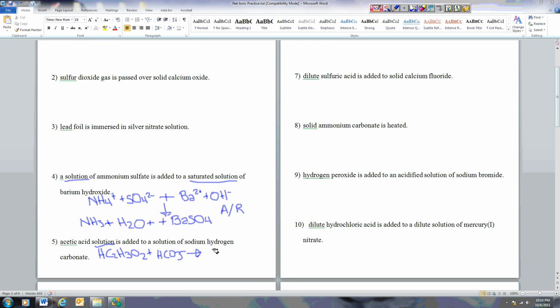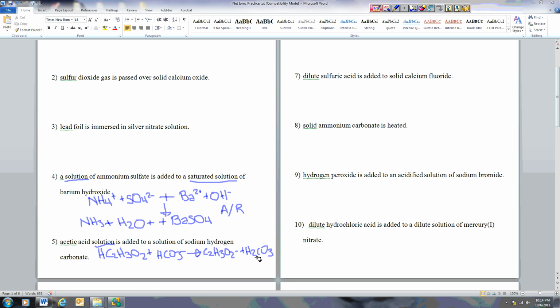Alright, so now what are the products? This has to be acid-base because you have an acid. And you also have something here that can accept an H, which is sodium hydrogen carbonate or just hydrogen carbonate. So what I'm going to do is take an H from acetic acid and donate to HCO3. That gives us C2H3O2 minus plus H2CO3.